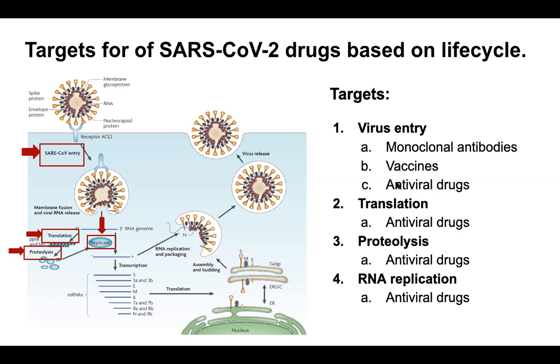There are some antivirals which will mess up with this. Translation is basically exclusive to antiviral drugs. A lot of those look like DNA or RNA nucleotides, but they're a little different. And basically when the virus tries to replicate itself, it screws up. And then you can also try to target these other two.